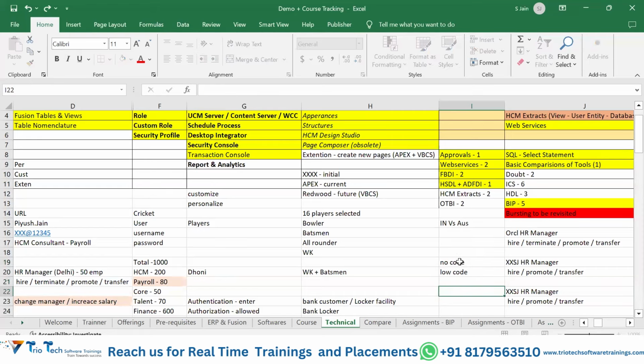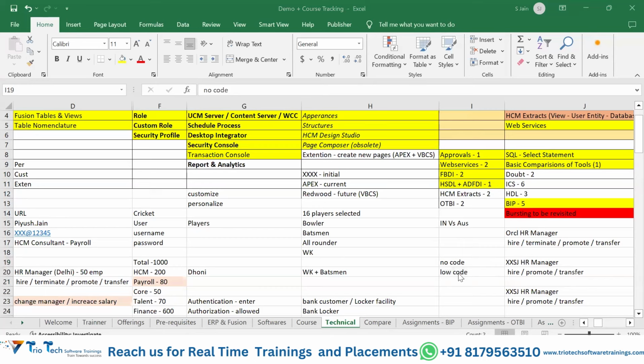Guys, this particular training we are calling Fusion Technical. Fusion technical is not something where we are writing the code. It is to learn the technicalities of the tool, how to use the tool, how to provide technical solutions to give quicker assistance to the functional users, to support the business with accuracy and efficiency, using different sorts of tools.